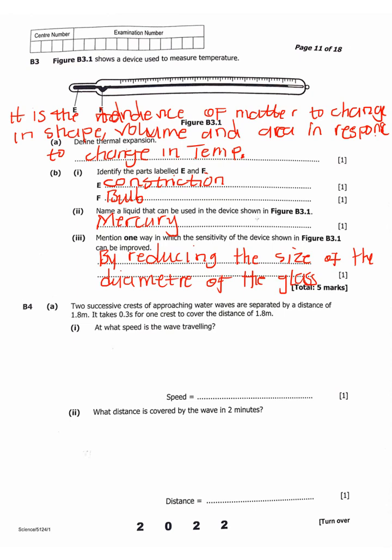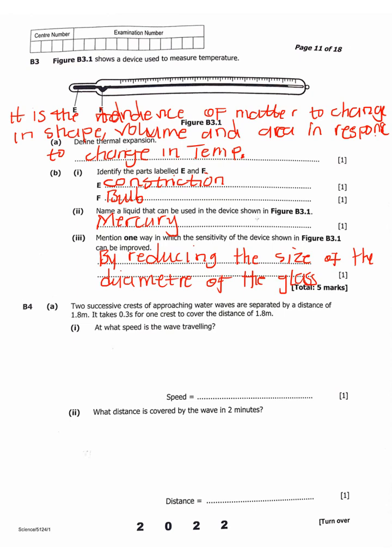Or sometimes you can just say by decreasing the thickness of this glass. So whenever we reduce the thickness, it is easier for heat to penetrate through in order to reach the mercury for it to expand. Now we can move on to question 4.